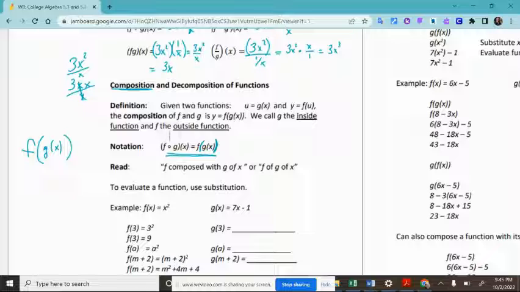And the way that we read this, that little symbol, it looks like a circle. It's not a multiplication dot, it's a composition circle. And one way to read it is f following g, or f composed with g of x, or f of g of x. A lot of times you'll hear it said f following g of x.